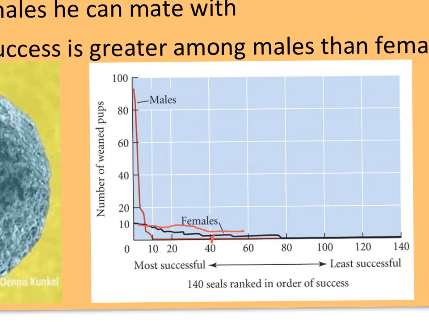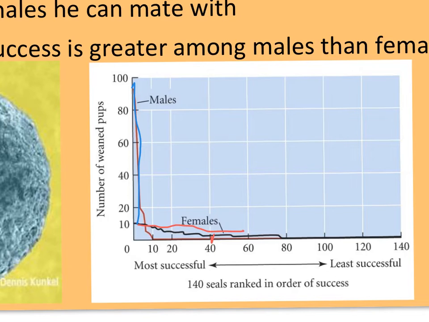Now, males, on the other hand, if you're a bull seal or a bull elk, you father most of the offspring, and all the other ones don't father any. So here we have the males. Most males fall in this category of not having any copulations, or very few.